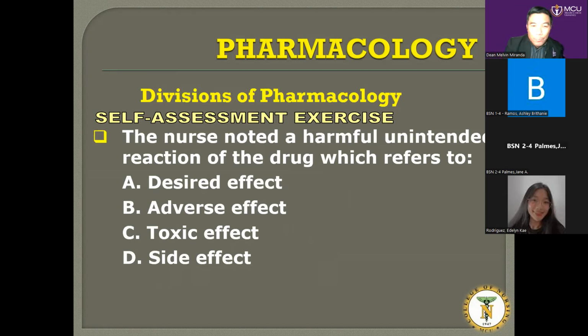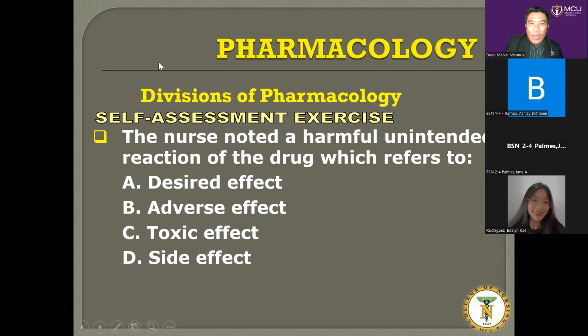Remember, go back to the question. The nurse noted a harmful, unintended reaction. Let's eliminate. This is another process of how you will arrive at correct answers. Remember class, if you consider harmful, will you still answer letter A or letter D?